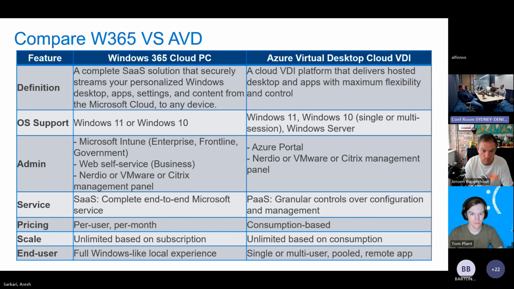So they're using a pooled multi-session host and delivering just apps using AVD. So it's the best of both worlds. You're offering a full-blown virtual desktop, and at the same time, you're offering apps through RemoteApp, which is much more cost-effective with that particular model to deliver apps.